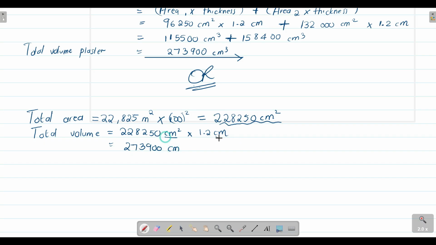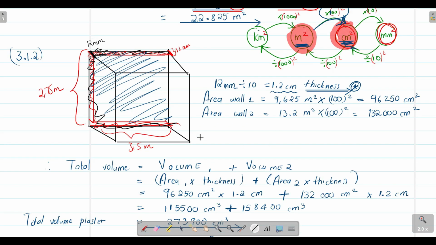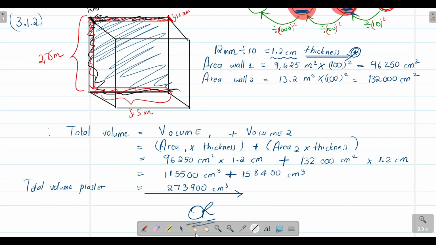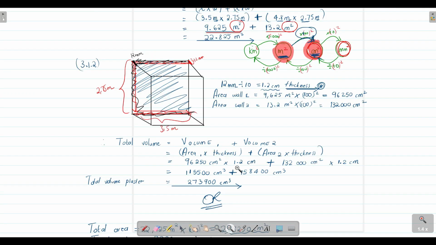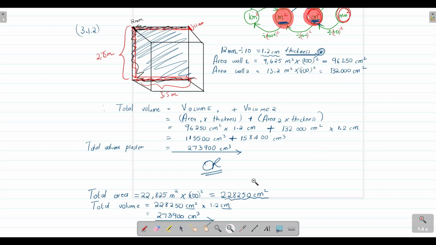Centimeters times centimeters squared times centimeters is centimeters cubed, or cubic centimeters. So that is also your final answer. You can approach this question either like this or like this. I was just breaking it up so that you understand what is happening with the first part. All right, we are done with question 3.1.2.